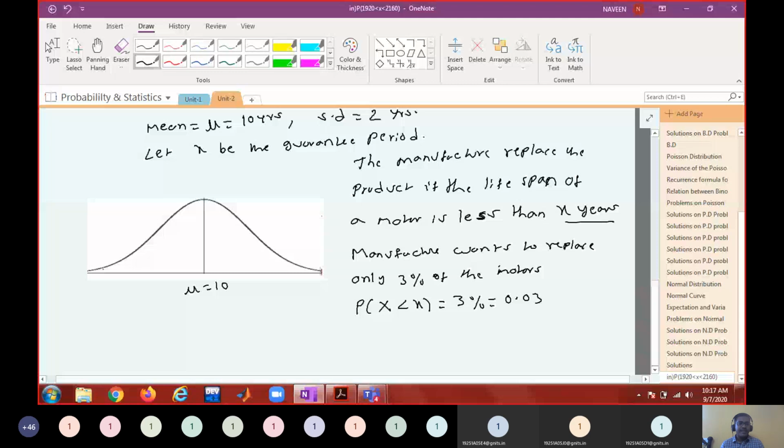So this must be x. Only if your product lifespan falls in this left tail do you want to replace. Now, what is the normal probability? So define z equal to x minus mu by sigma. This implies what is the standard score?